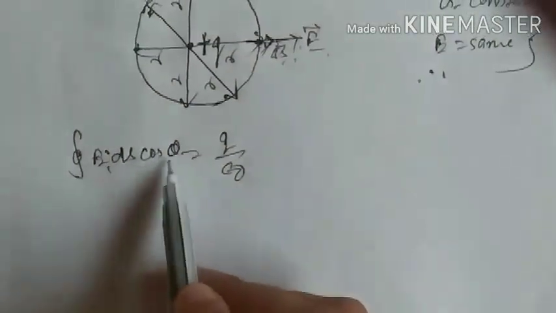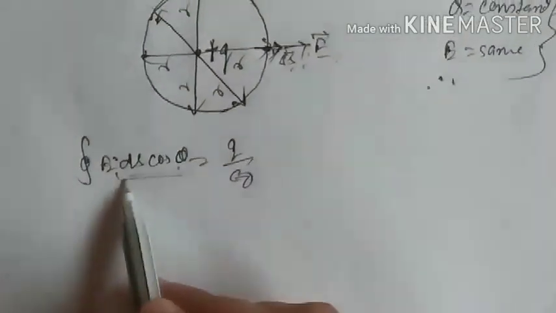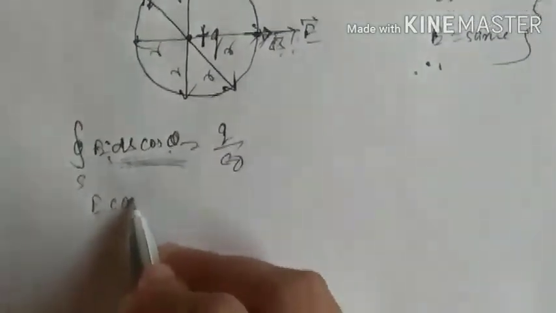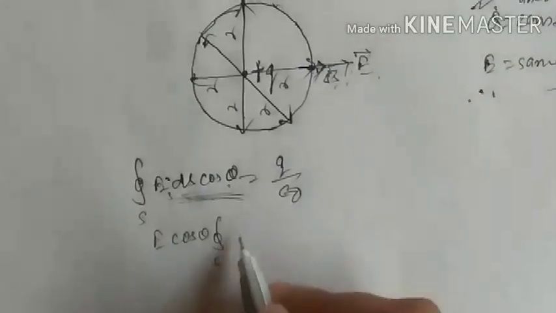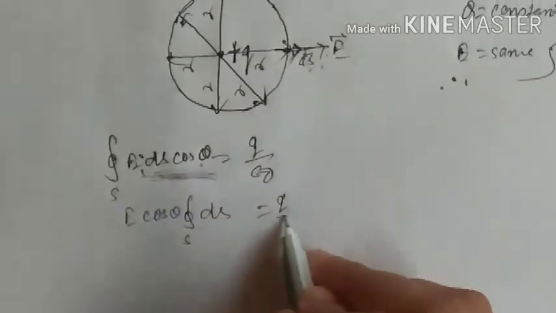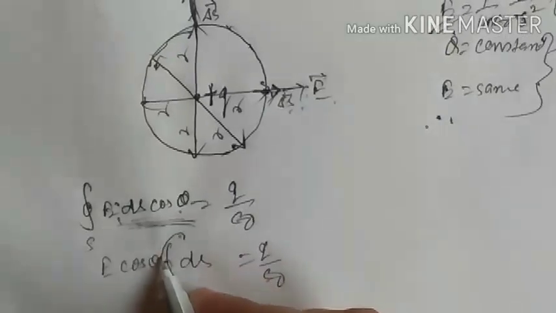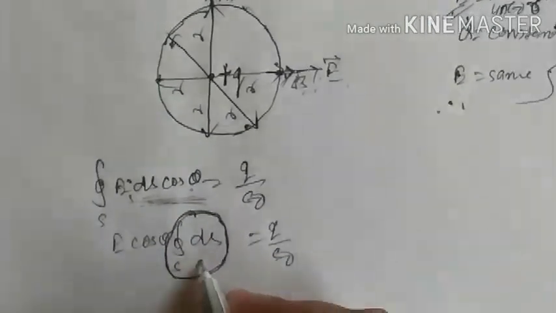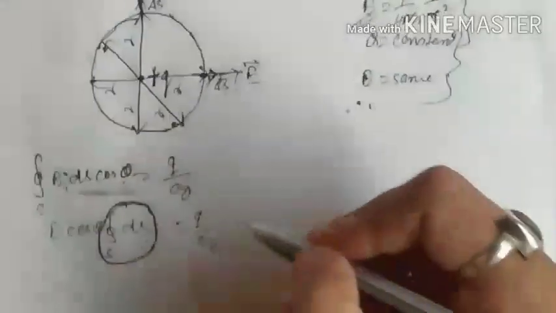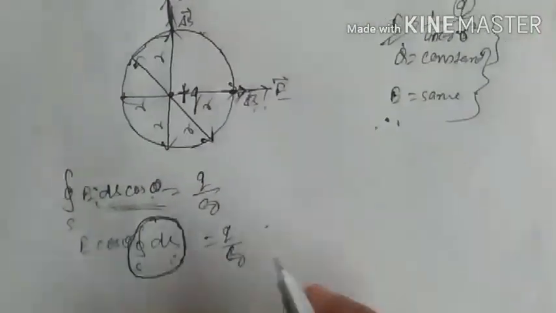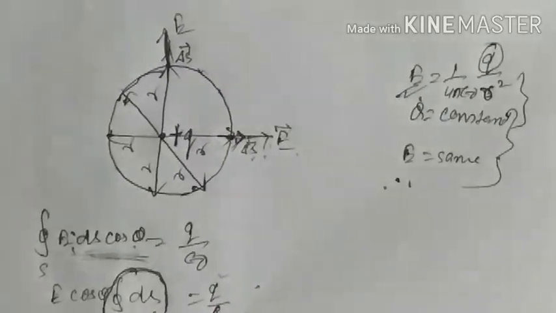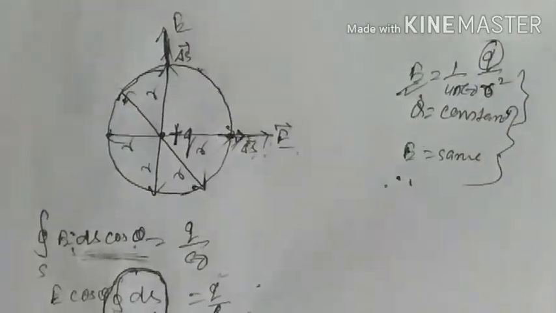If E and theta remain constant, we can take them outside, and then simply do the surface integral calculation and multiply this value, and our purpose will be solved. We can calculate the E value, Q value, whatever is needed.